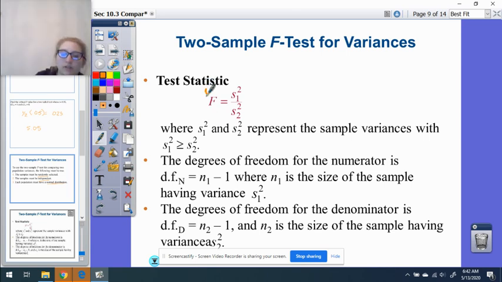And one of the things I want to draw to your attention is that S1 is always the bigger variance, okay? So that helps us figure out which one is in the numerator, and from there, we can find our degrees of freedom of both the numerator and the denominator.